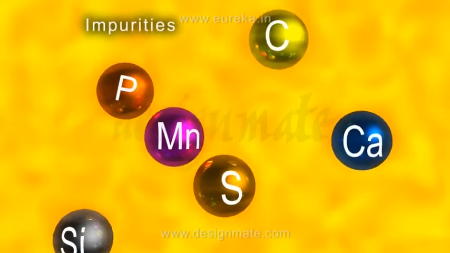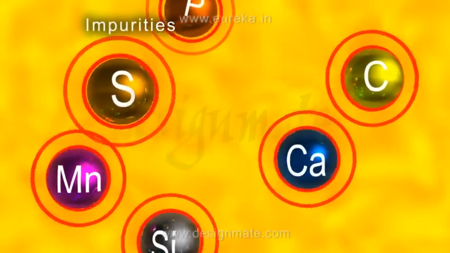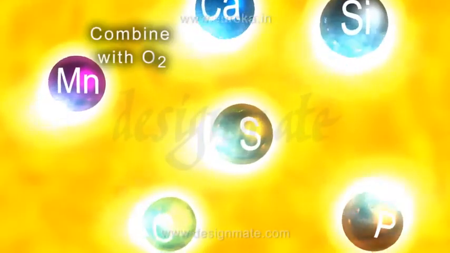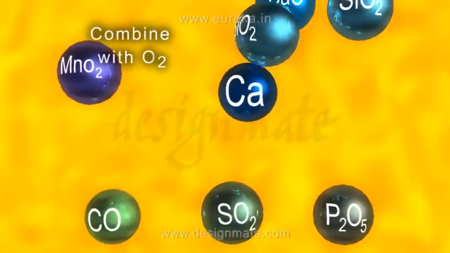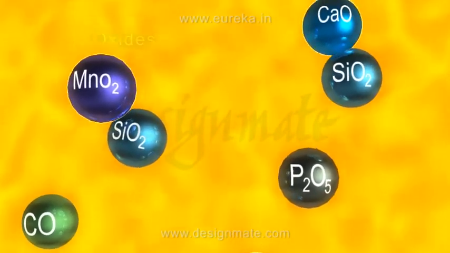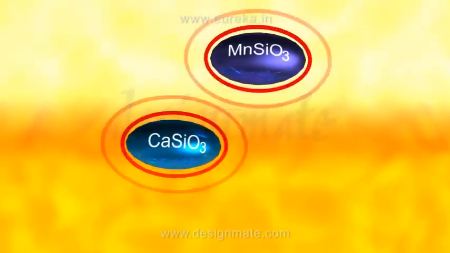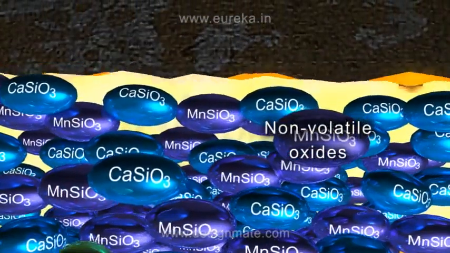All impurities present in the molten iron combine with oxygen present in air and form their respective oxides. Non-volatile oxides form slag over the molten metal.